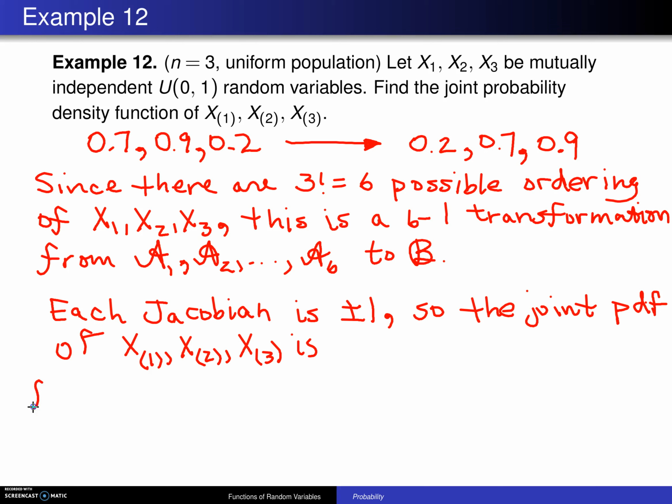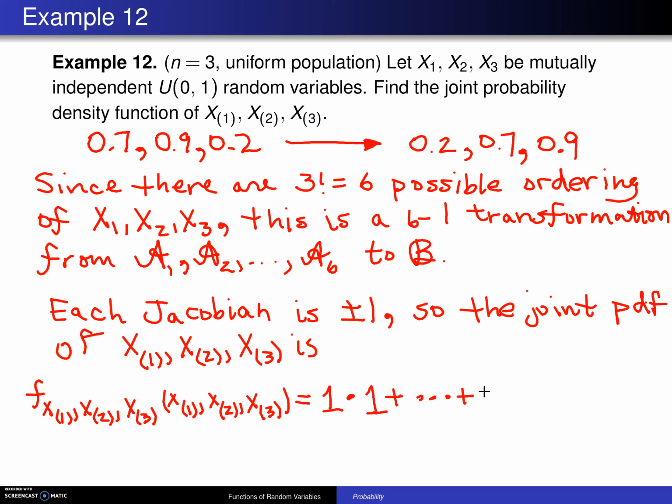is, and in this case f of x1, x2, and x3 for the indexes x1, x2, and x3, that joint probability density function will be the joint PDF of x1, x2, and x3 alone, which is 1 times 1 times 1, which is 1 because they're mutually independent, times the absolute value of the first Jacobian, which is the absolute value of plus or minus 1, which is 1, and that goes on for the first of the 6, and it also goes on for the second of the 6, the third, the fourth, all the way up to the 6th.